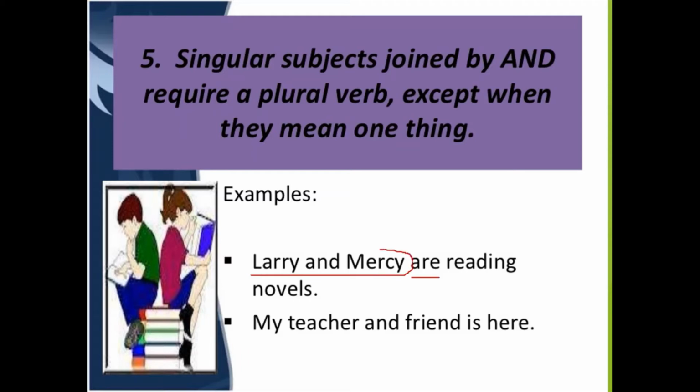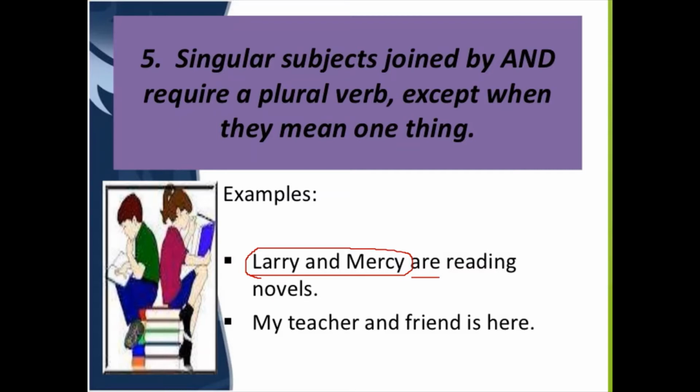Larry and Mercy are two persons. So we are talking about two persons here. So that's why the subject in the first sentence is plural, and it must take a plural verb.